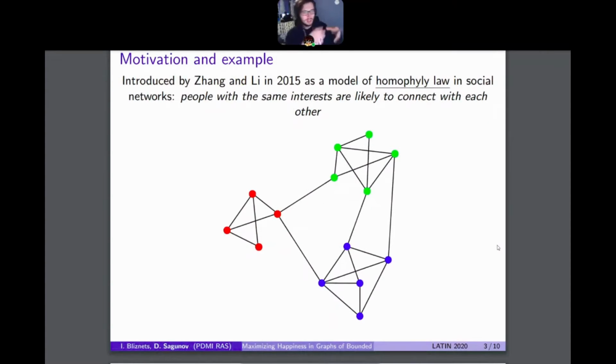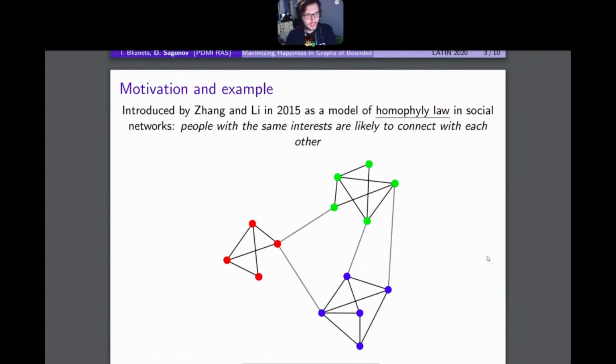You color vertices, achieve the maximum number of happy edges, and obtain exactly each group separately. You see that each group is really dense, because in each group you would expect many connections between them. And these are unhappy edges.